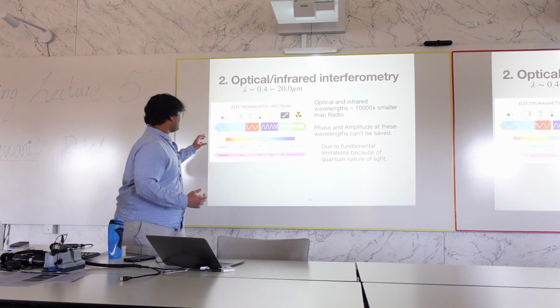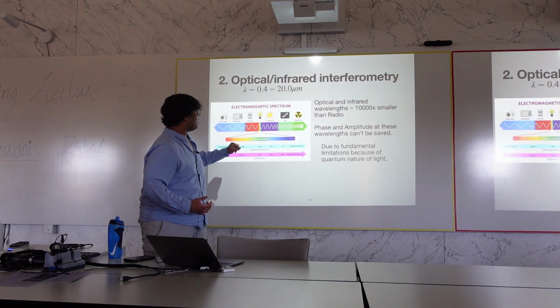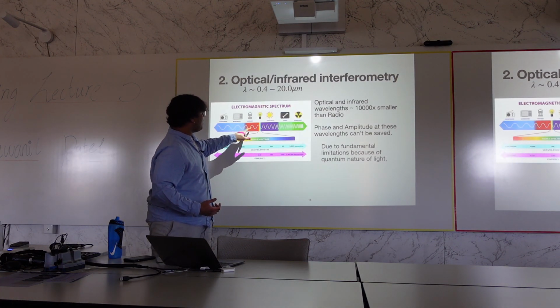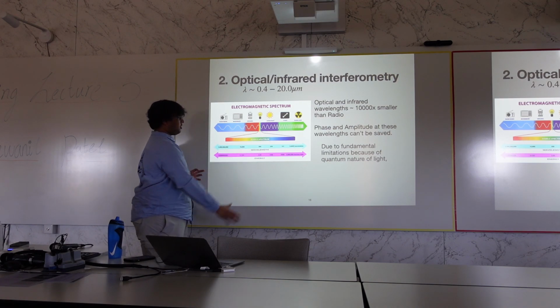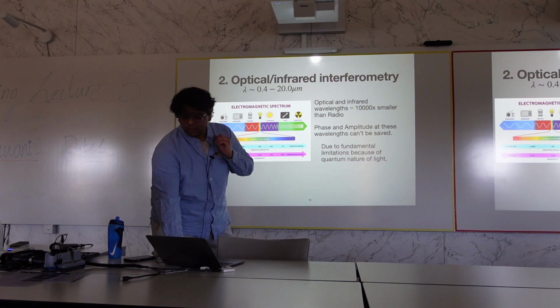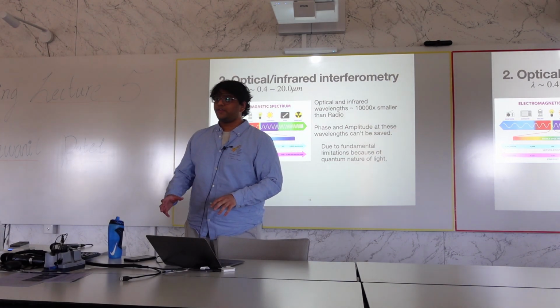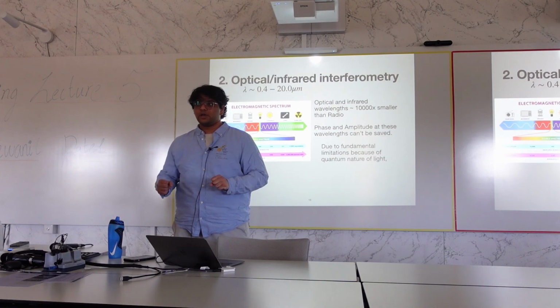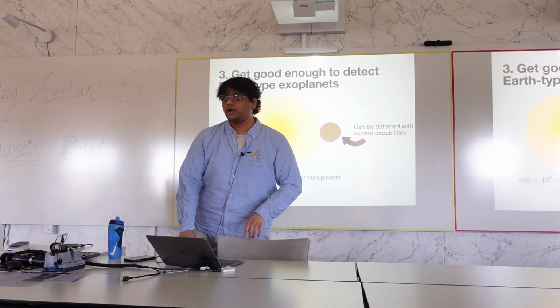Just to give you a reference, radio waves are longer, and as you move to higher energy waves, the wavelength gets shorter, and we are interested in this region of the electromagnetic spectrum. So that's the second issue: we want to do interferometry, as in use multiple telescopes to make an effectively bigger telescope.